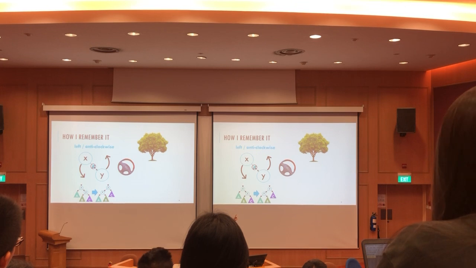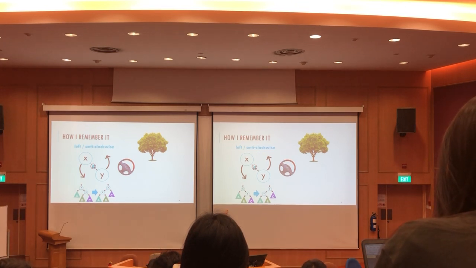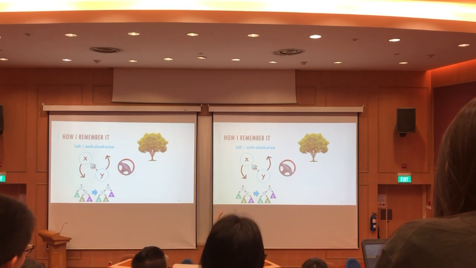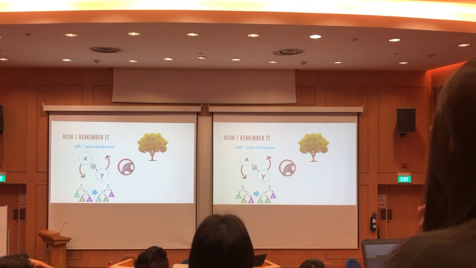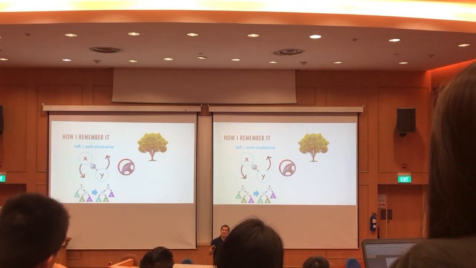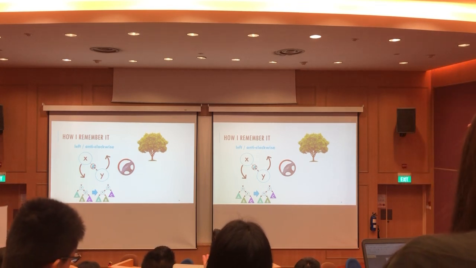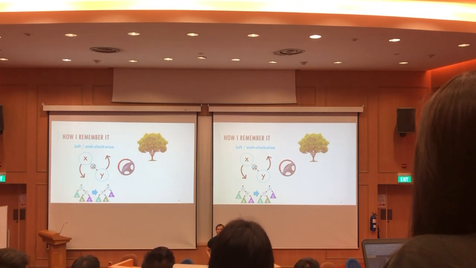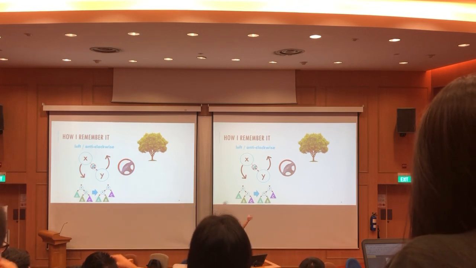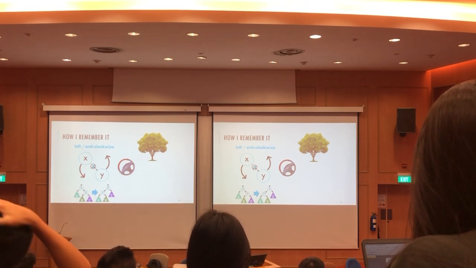You grab X, you grab Y, you're heading towards the tree, so you need to turn anti-clockwise. This is your left rotation. Whenever you see a situation like this, you turn left.